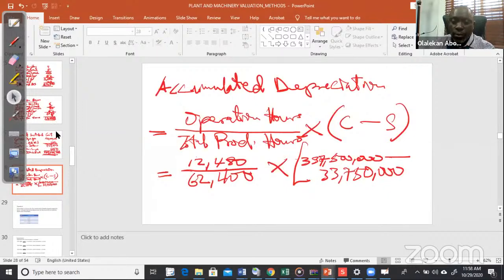Okay. So what is this one? I think it is 0.2. Yes, 0.2. Multiply by 303,750,000.